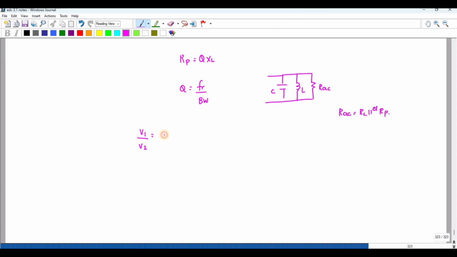So we know that V1 by V2 is equal to N1 by N2, that is equal to I2 by I1. So this V1 I can write as I1 R1 divided by I2 R2. Instead of I1 by I2 I can write N2 by N1.